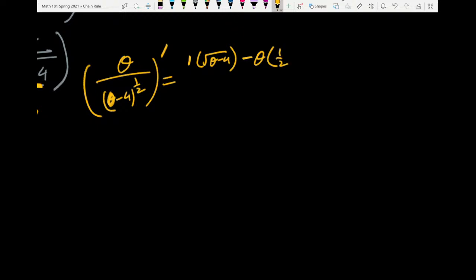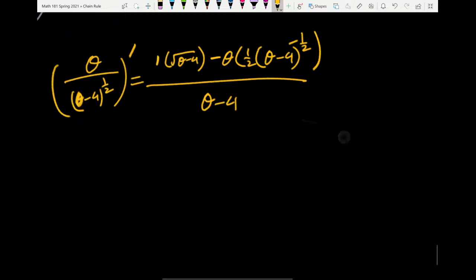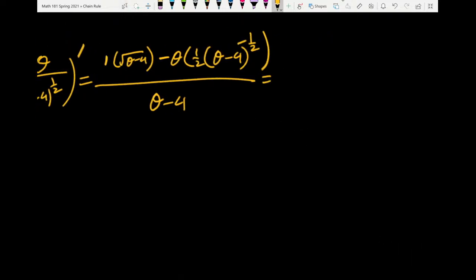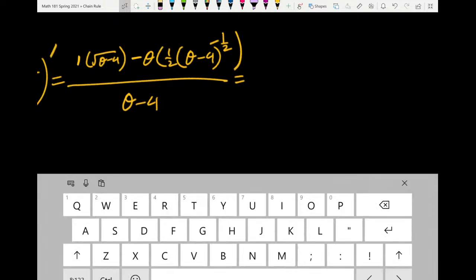The derivative of that would be chain rule. Negative 1/2 over theta minus 4. If you square that, the square root of the square is just theta minus 4. All right. Let's simplify it and clean it up.